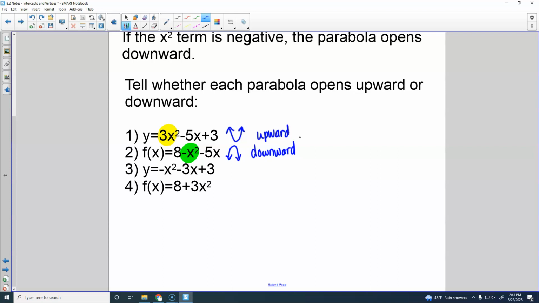Is that one going to open upward or downward? Down. So your x squared right here is negative. So that is downward. And let's see, Lexi, what about the last one? Up. Smiley face, upward.